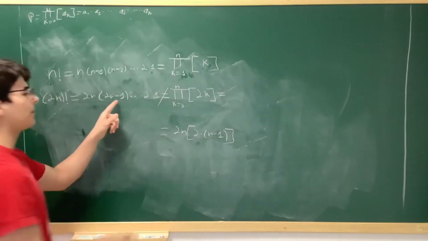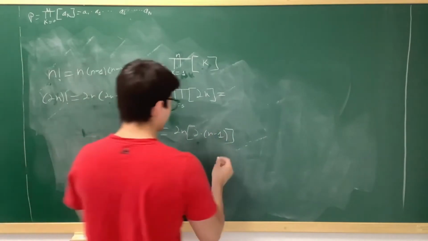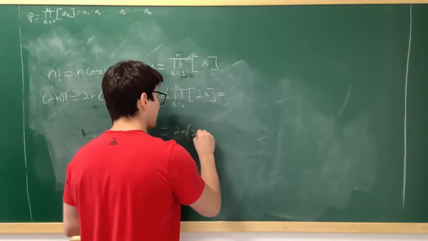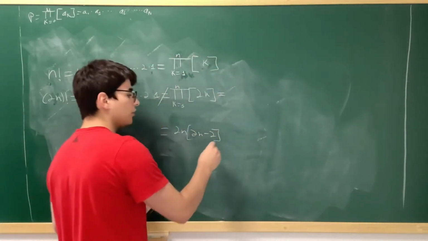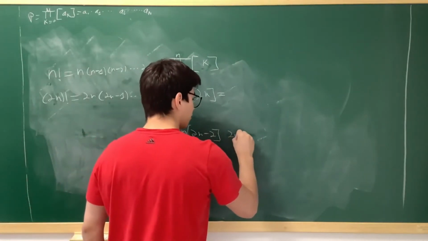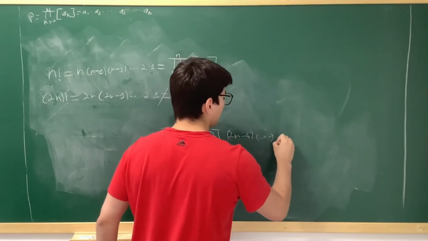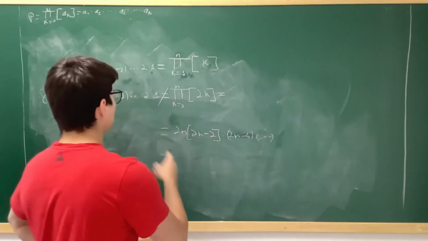But this is not 2n minus 1, this is 2n minus 2. Right? We distribute, and we get 2n minus 2. If we keep on going, we will actually get 2n minus 4, and so on up to 2.